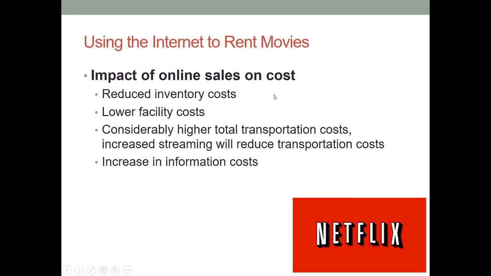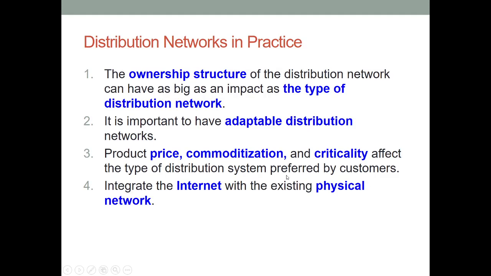The impact on cost for Netflix: it reduces the inventory cost. It doesn't need to keep inventory because they are digitalized products. Of course, no facilities are involved, so lower facility cost, and increased information cost.